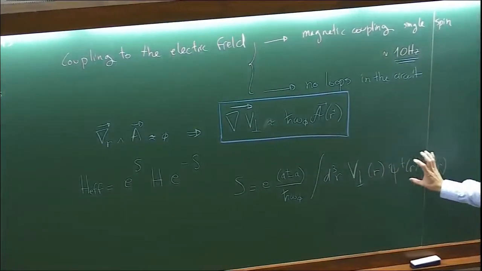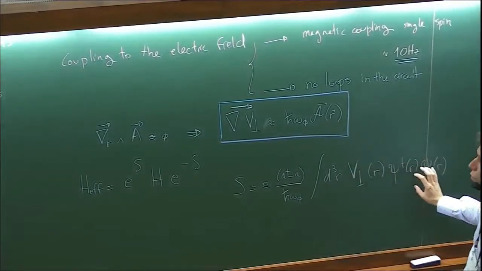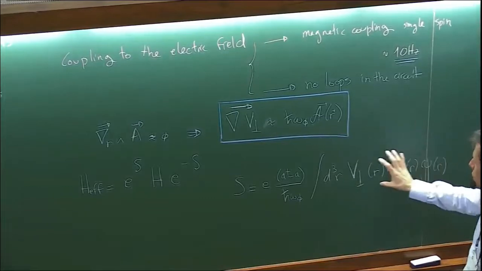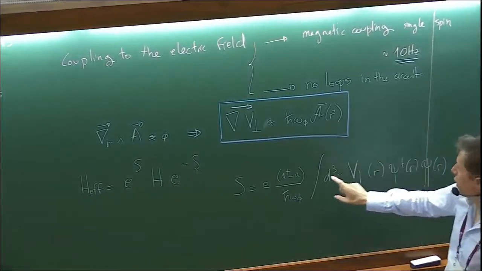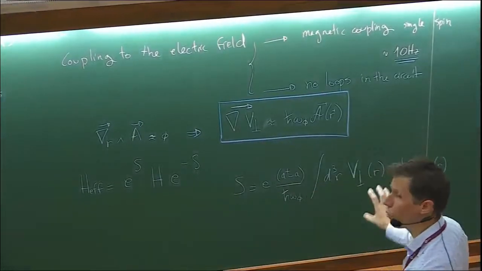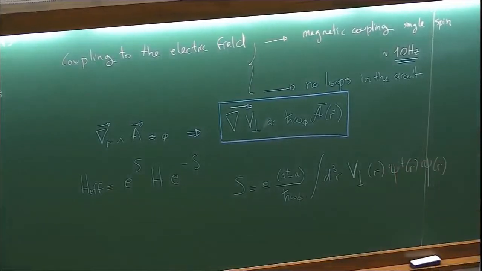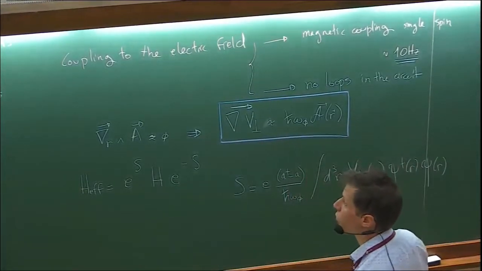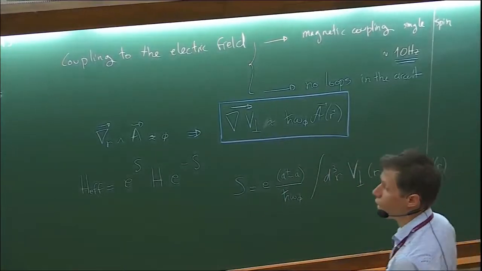You see this looks like some kind of displacement operator for the photonic field, because you have the electronic density with the coupling term. And this will shift the electric part.